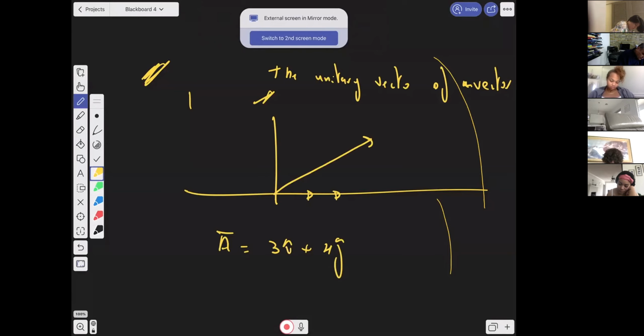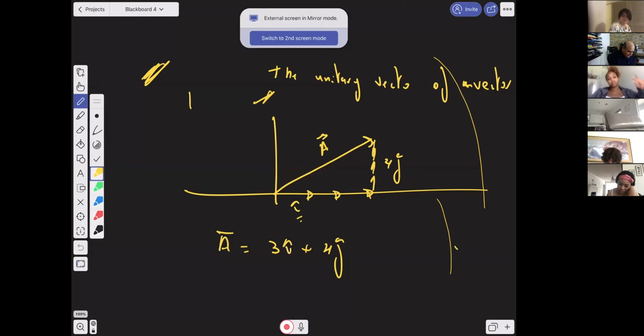Imagine 3 in the i direction and 4 in the j direction. This is the vector A. You see the vector i? What is the magnitude of the vector i? 1. 1 meter.